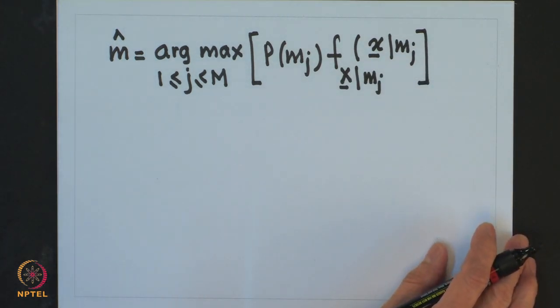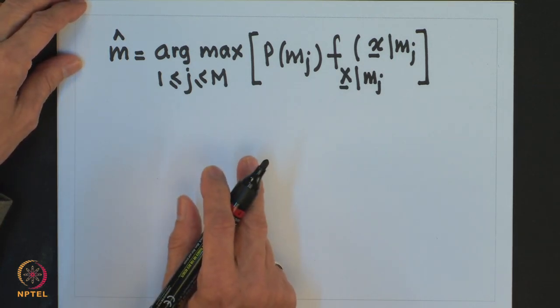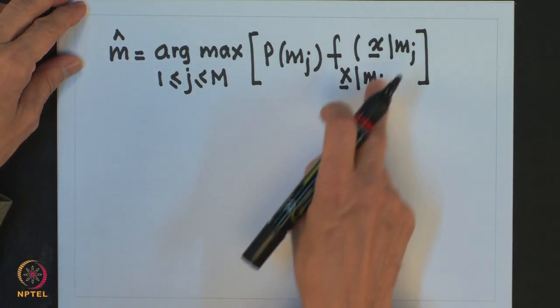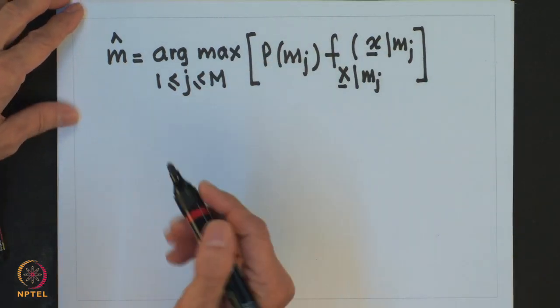Now, for the additive white Gaussian noise, we will try to solve this decision rule.